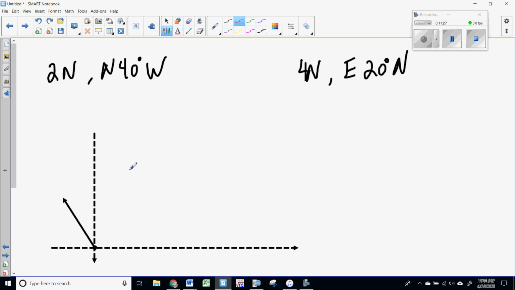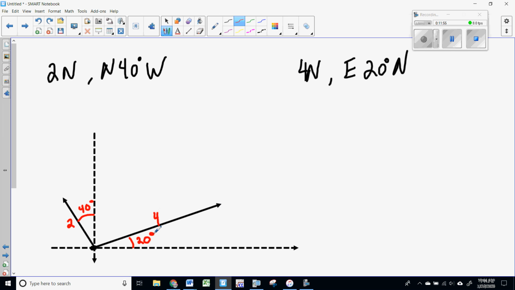So that means that this length is 2, and this angle here is 40. Our second vector is east, 20 degrees north, 4. So that goes to there. And then once again, this is 4, and this is 20.